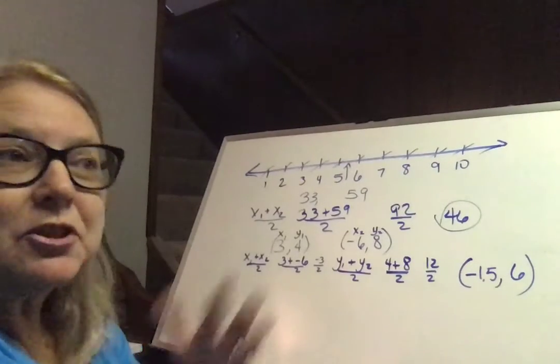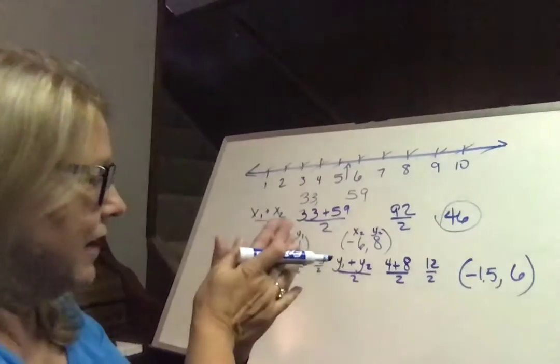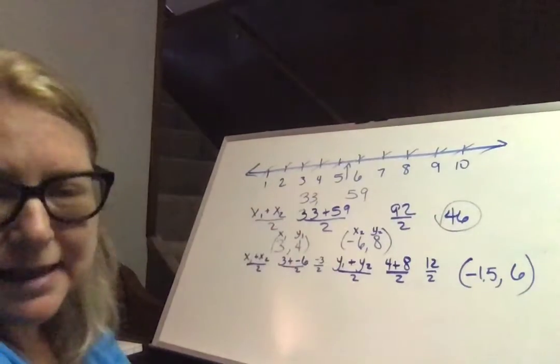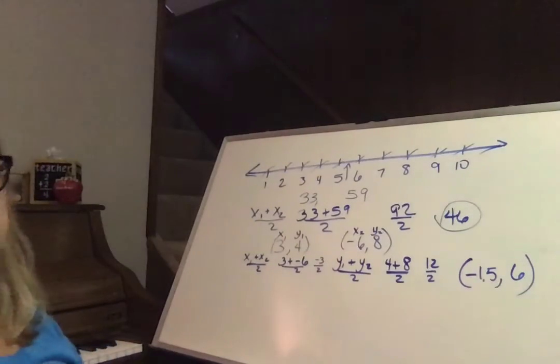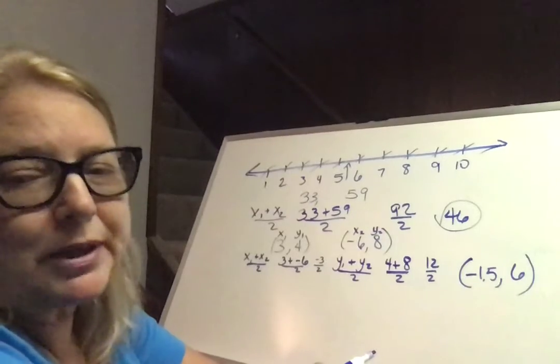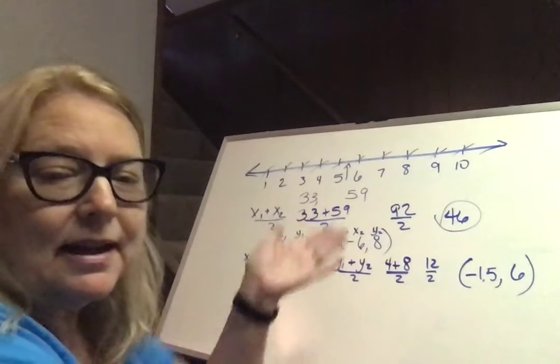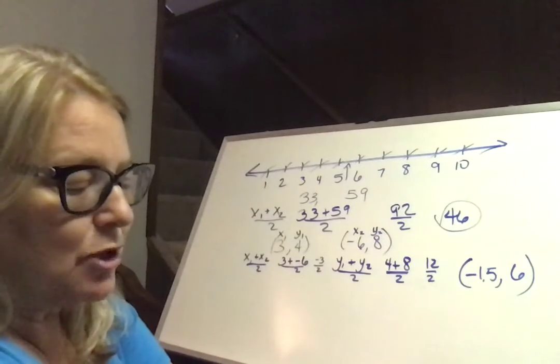Okay, so that's how you do midpoint. They give you two endpoints, and you can find the middle. But sometimes they're going to be tricky. Instead of giving you the two endpoints and having you find the middle, they are going to give you one endpoint and the middle and want you to find the other endpoint. So let's try that out.